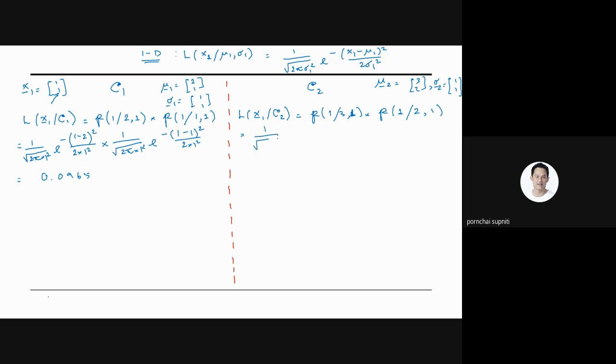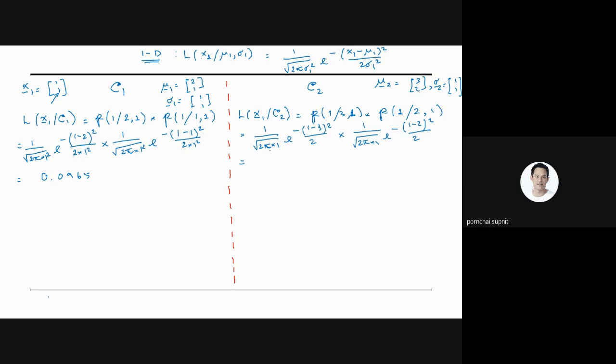Similarly, 1 over square root 2 pi times 1, e to the negative 1 minus 3 squared divided by 2. I don't write sigma square now, because sigma square is just 1. And multiply 1 over square root 2 pi times 1, e to the negative 1 minus 2 squared divided by 2.